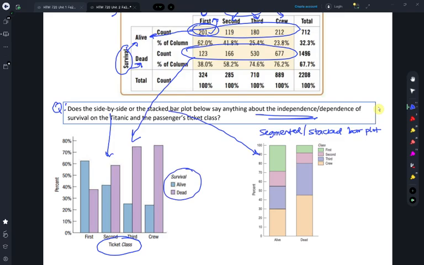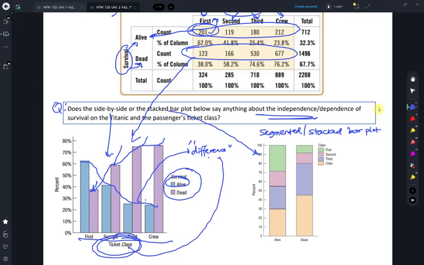alive or dead. If you look closely, for those who are alive at the end of the ordeal, it seems to decrease as we proceed from first to second to third to crew. So there is a difference. So also is the difference we see as we move across the different class of tickets from crew to third class to second class and to first class. This difference indicates that the ticket class makes a difference in whether a person will survive or die.